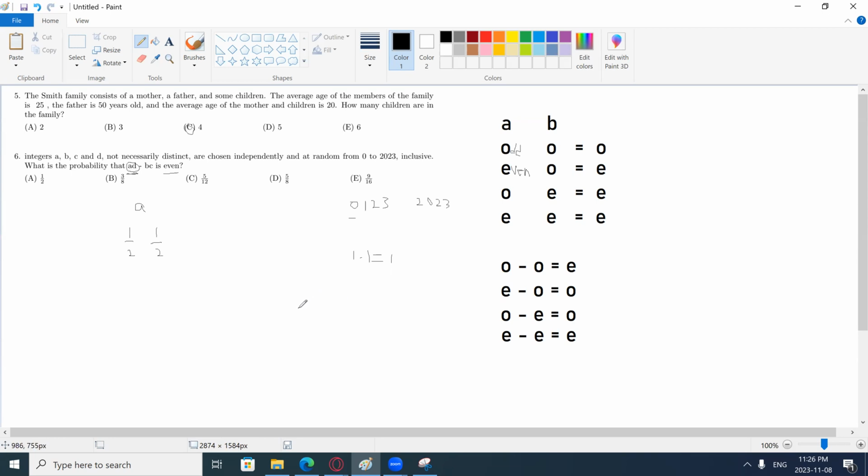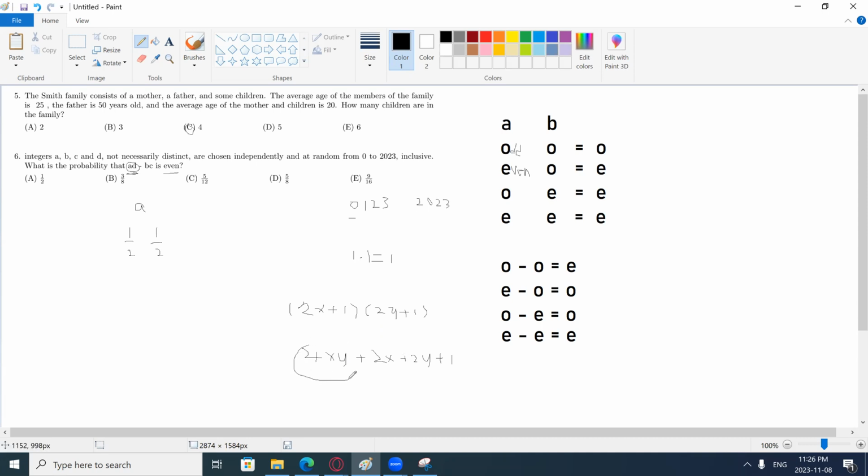And we can prove that because every odd number is 2x plus 1 and 2y plus 1. When we multiply them out, they become 4xy plus 2x plus 2y plus 1.